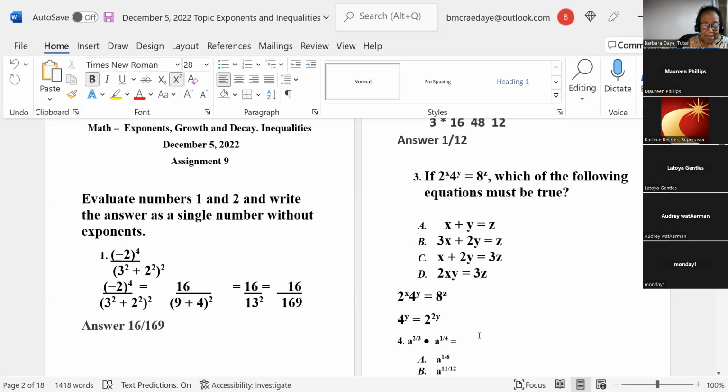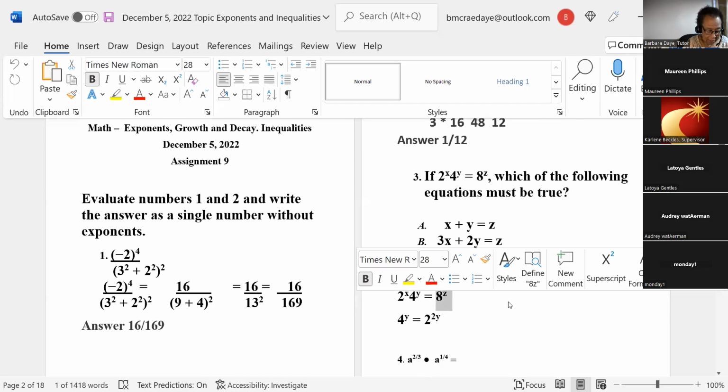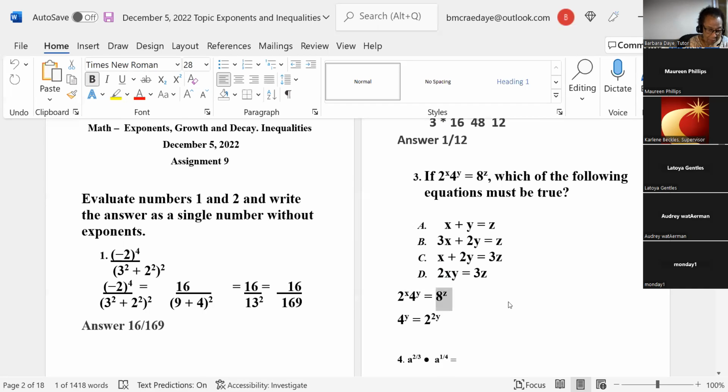Now, since I did that for the 4, you tell me what the 8 would have to be. Let's say 8 to the z. What would it be? 2 times 2 times 2. You mean 2 to the 3. Yeah, 2 to the 3. Right, that's it, Latoya. Very good.